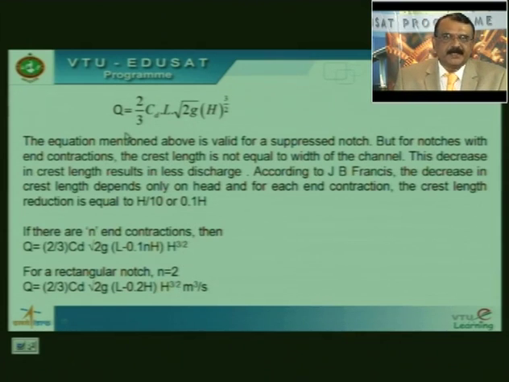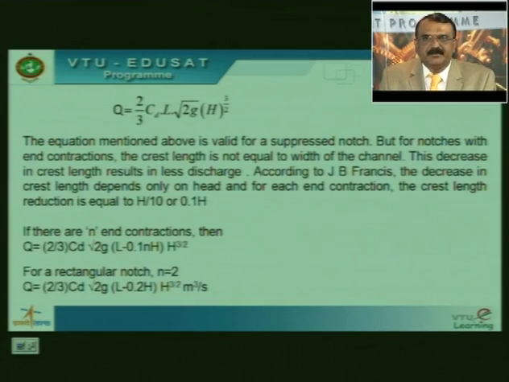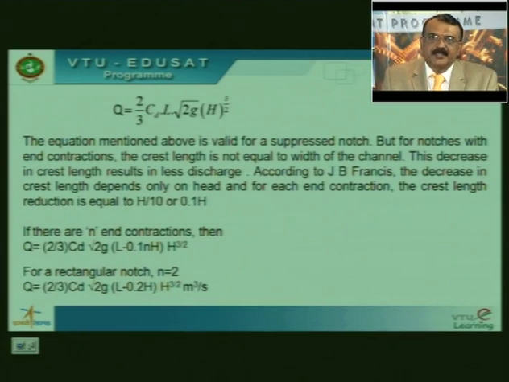This is what I mentioned here. Now, this is the discharge equation for a rectangular notch. Kindly recall that at the beginning of this class, we said there are two types of notches: notch with end contraction, and notch without end contraction, which is also called a suppressed notch.